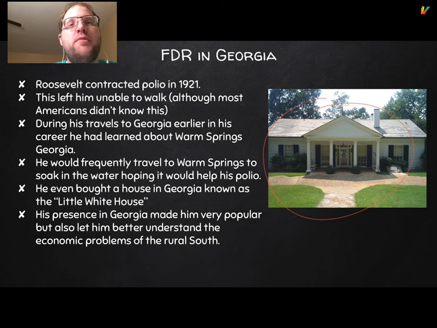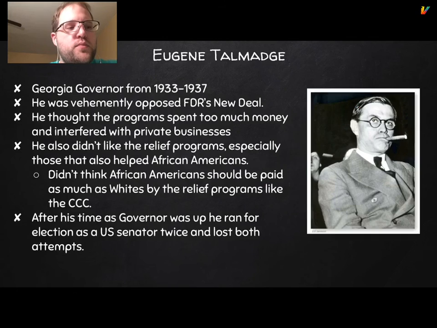And so when he becomes president and he knows about the plight of the farmers and the people who are struggling, a lot of his New Deal programs were created to help people in those situations. Like the Agricultural Adjustment Act might not have gotten passed if FDR didn't really understand the problems of people in places like Georgia. So this really opened up his eyes and made him able to understand the people of the rural South.